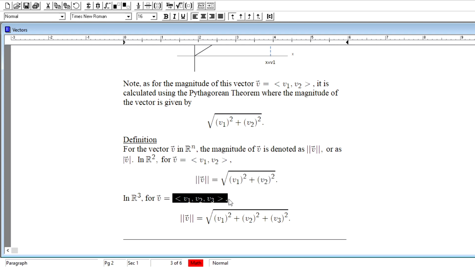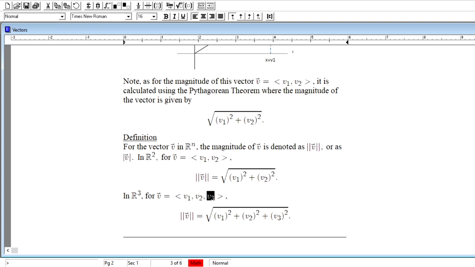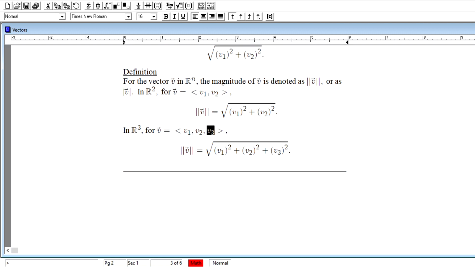The same thing is seen for a vector presented in 3 dimensions. You take each of these components squared and then summed together, then the square root. That is our magnitude calculation in both 2 and 3 dimensional space.